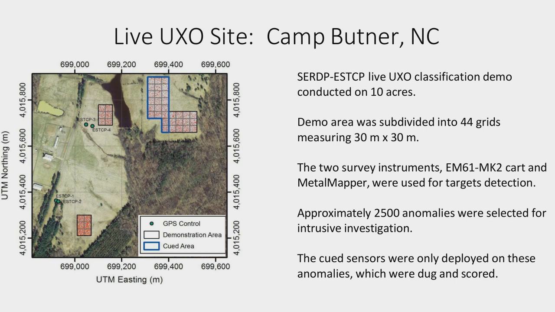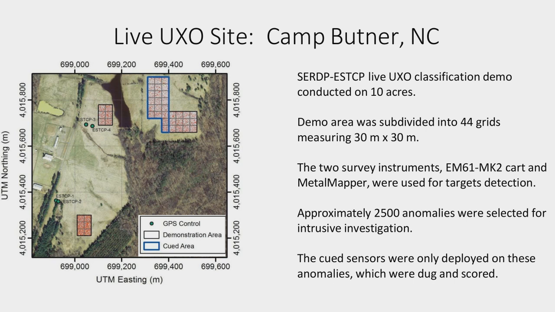They did live UXO studies, and one of the first sites was Camp Butner in North Carolina. Here is an aerial view. They chose an area which was a mix of native clutter and mostly native UXOs.